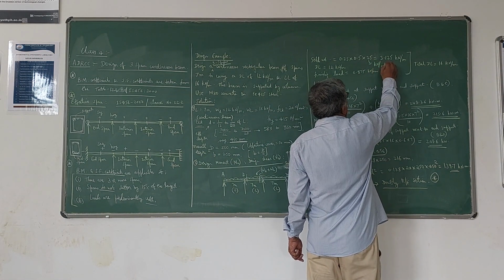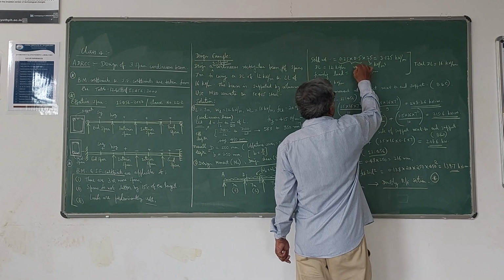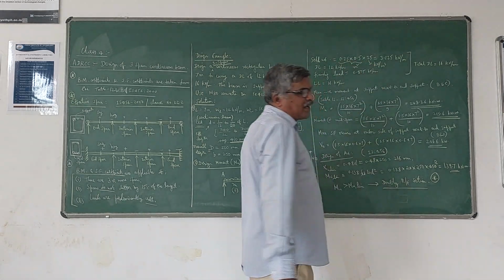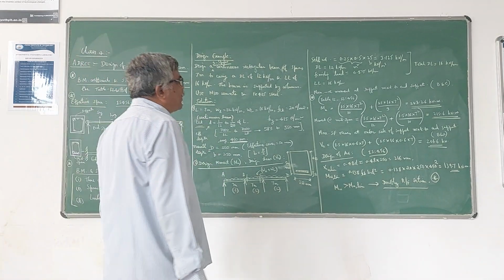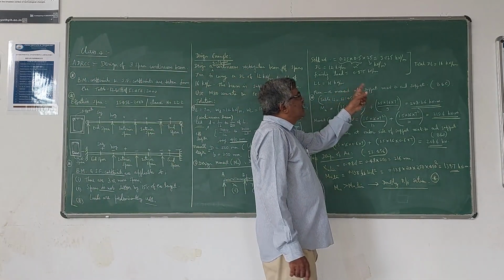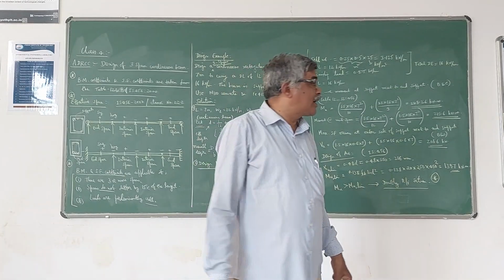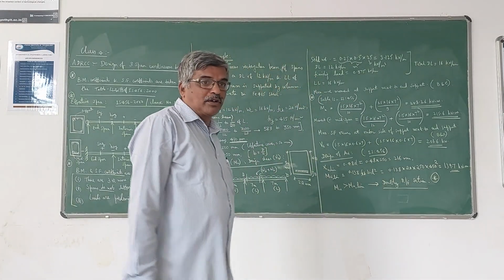So if you multiply the gross cross-sectional area in meter square by the density of concrete, you get the self weight in kilonewton per meter. Here you are getting 3.125 kilonewton per meter.